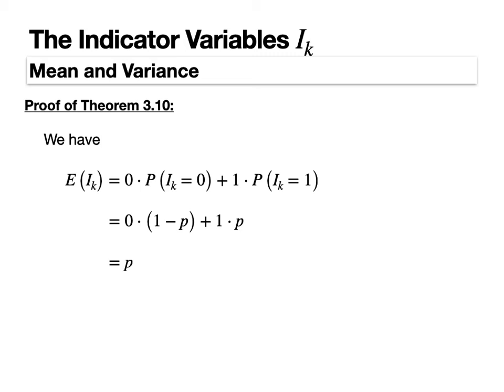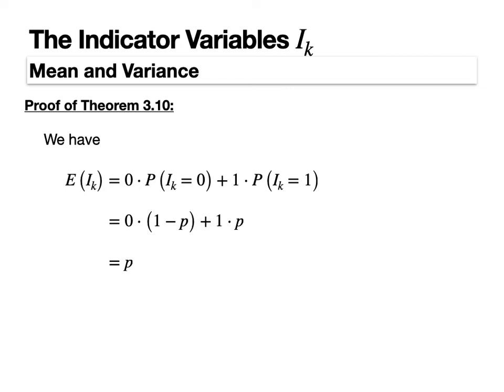And then, of course, we know the probability that I sub k is 0 is 1 minus P, and the probability that I sub k is 1 is P. So we get 0 times 1 minus P plus 1 times P, or just P. So the expected value of I sub k is just P. And that kind of makes sense. I sub k is 1 if the ball drawn was red, and that happens with probability P, so it's not surprising to see that the expected value of I sub k is just P.